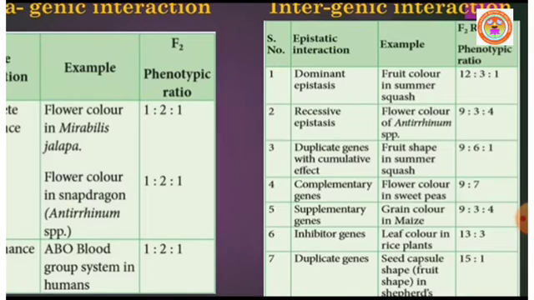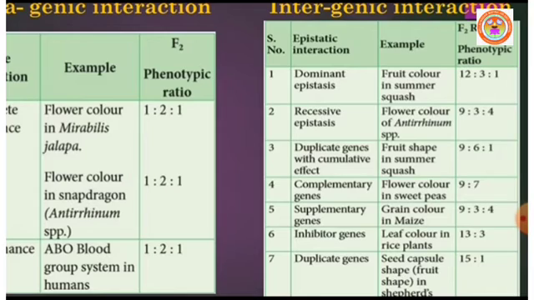If you observe the Mendelian dihybrid cross ratio, what is it? 9:3:3:1, but it was not that here. 16 individuals are produced, and the dihybrid phenotypic ratio 9:3:3:1 is modified into different phenotypic ratios. Supplementary gene interaction was studied in color of maize, 9:3:4. Inhibitory genes and duplicate genes in plants were also studied.